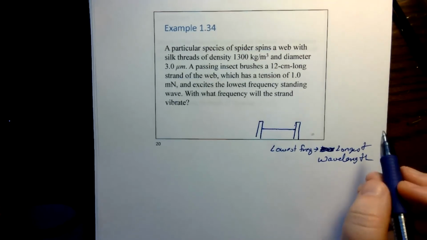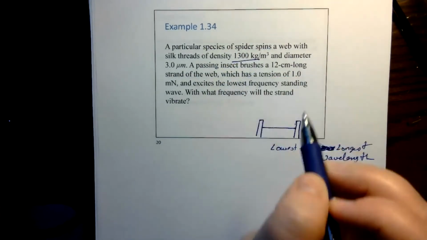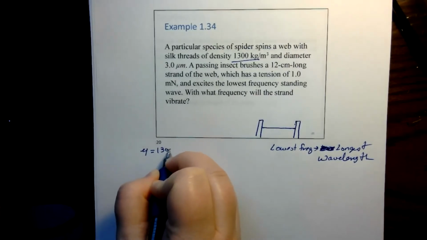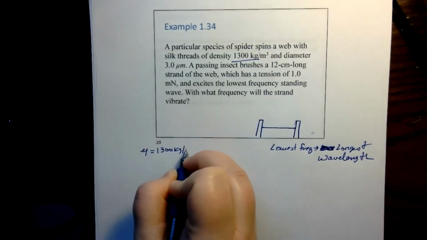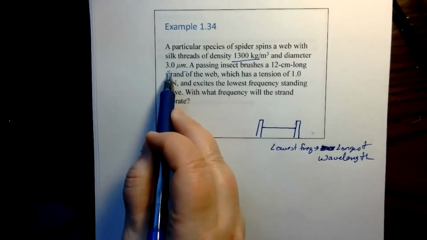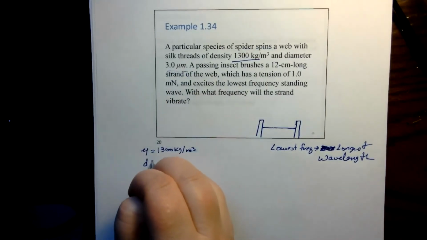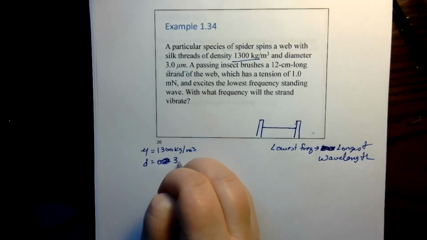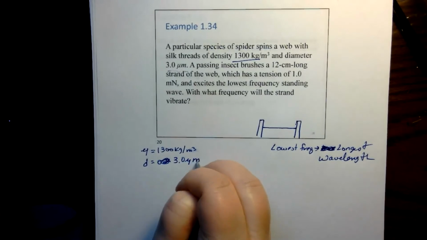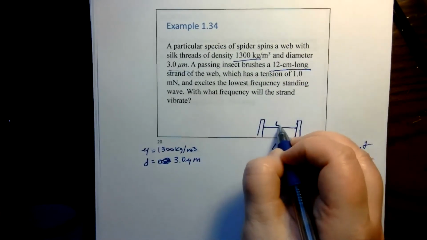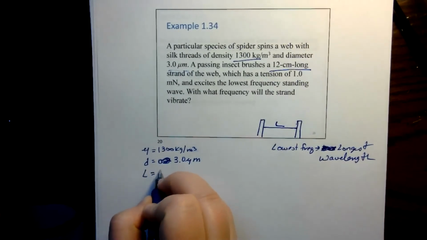It tells us our density is 1300 kilograms per meter cubed, so that's mu. It tells us the diameter of our string is 3.0 micrometers. It brushes along a 12 centimeter long strand, so that's going to be L, our length.